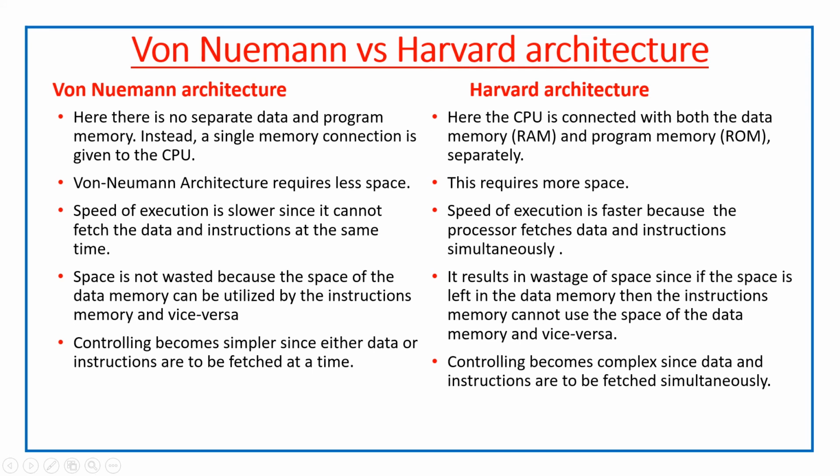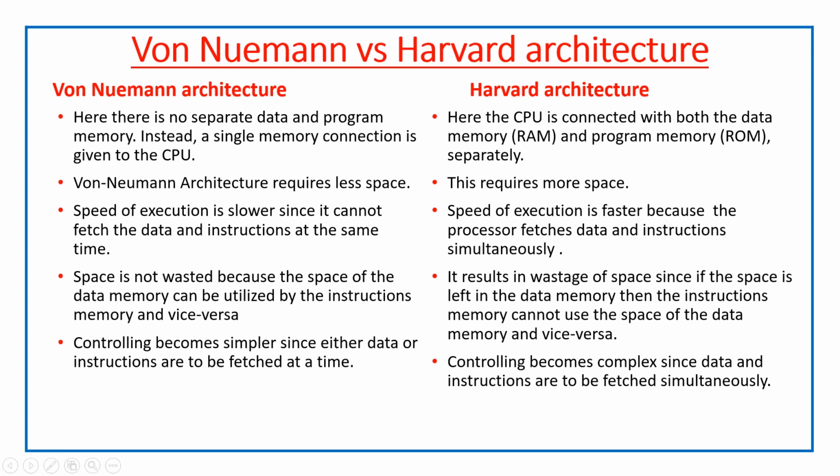In Harvard architecture, it has separate instructions and data memory. Number 2 is von Neumann architecture requires less space, but Harvard architecture requires more space. Number 3 is speed of execution is slower since it cannot fetch the data and instruction at the same time. And in Harvard architecture, the speed of execution is faster because the processor fetches data and instructions simultaneously.